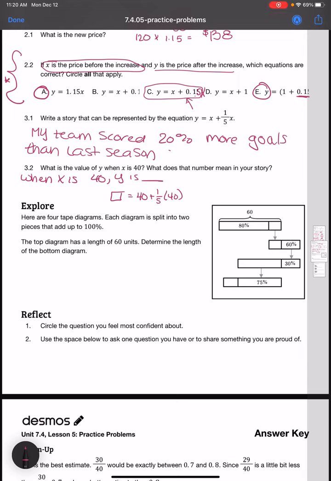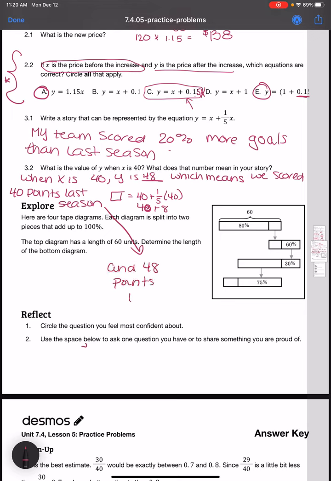So 1/5 of 40, 40 divided by 5, is 8. So 40 plus 8 is 48. Which means we scored 40 points last season and 48 points this season.